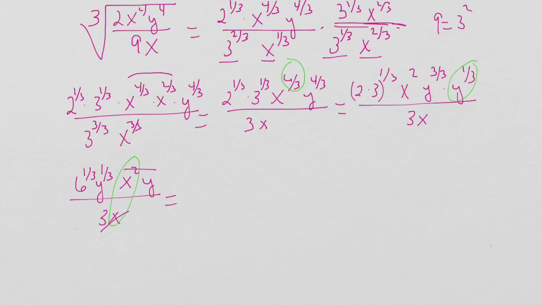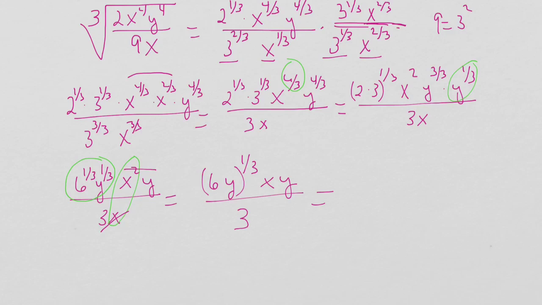So now I have 6 to the 1/3 times y to the 1/3. That means I have 6 times y, all raised to the 1/3, and then times x times y, all over 3.